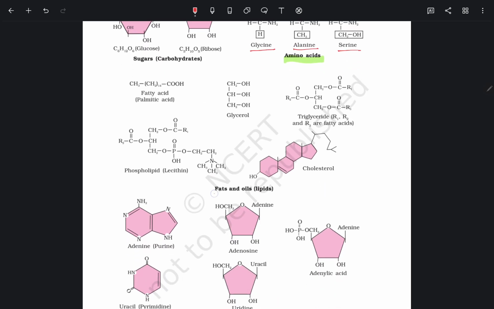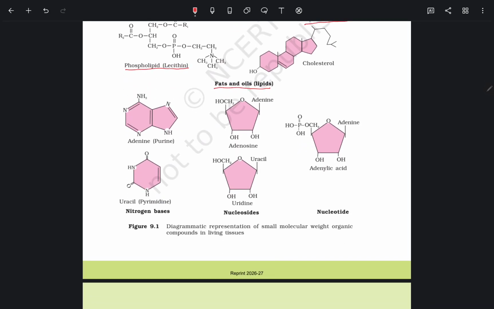And third one is fats and oils, which is palmitic acid, glycerol and triglyceride, where R1, R2 and R3 are fatty acids, and phospholipid, lecithin. Fourth is nitrogen base, which is adenine and purine, uracil and pyrimidine. Fifth is nucleosides, which is adenosine and uridine, and the last one is nucleotide, which is adenylic acid.